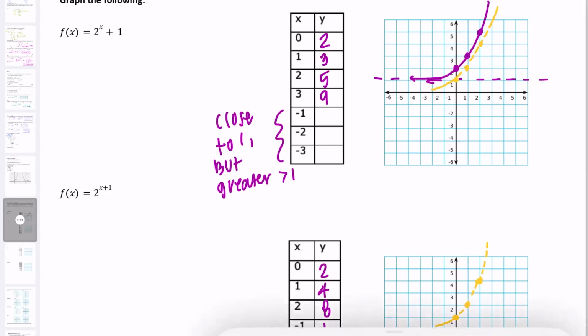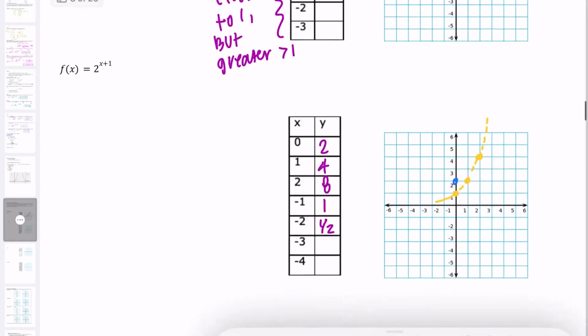Let me go back to graphing this. So now we're at (0, 2), (1, 4), (-1, 1), and (-2, 1/2). So notice that all we've done is shift to the left by a unit.